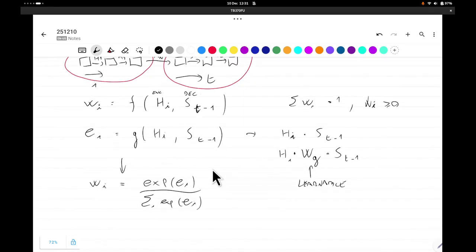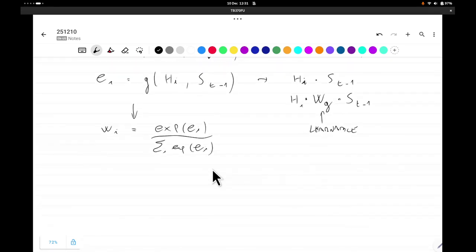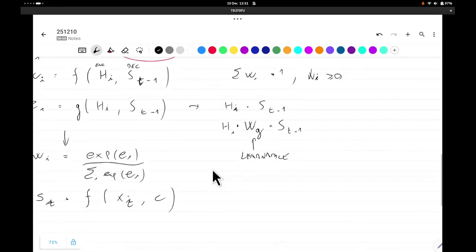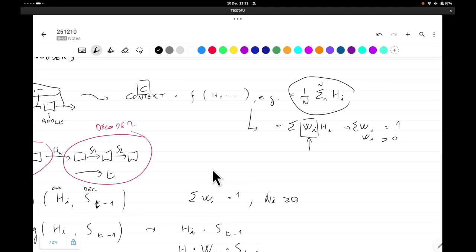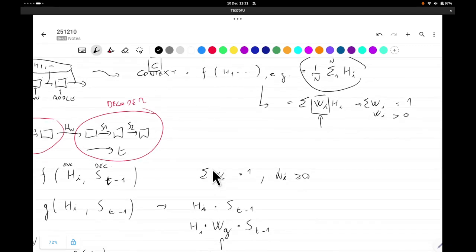So this gives us, so now the output S_i would now be a function of the input at that time, or maybe I use T to say when you are in the encoder, and this context variable. So again, the context is this one, right?